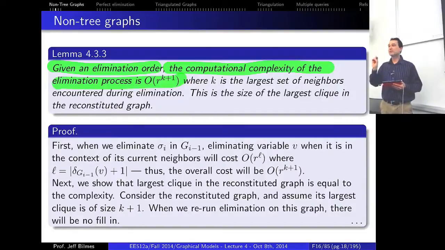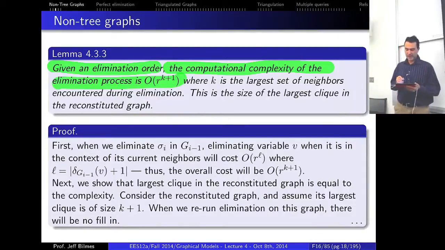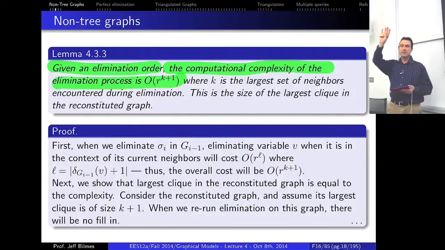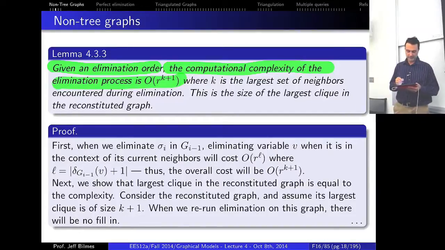We're just talking about sort of the worst case complexity. So n is a constant from the perspective of this discussion. And what is k? k is the largest set of neighbors encountered during elimination. So basically you're eliminating variables, and each time you eliminate a variable, that variable has a set of neighbors. And k is the largest set of neighbors you encounter as you're going along eliminating variables.